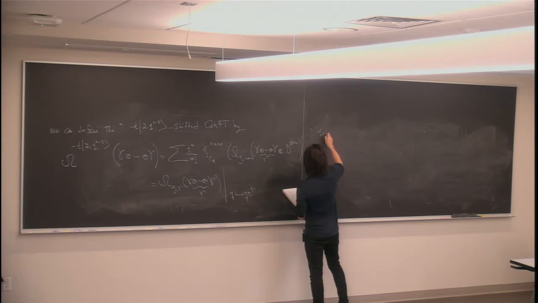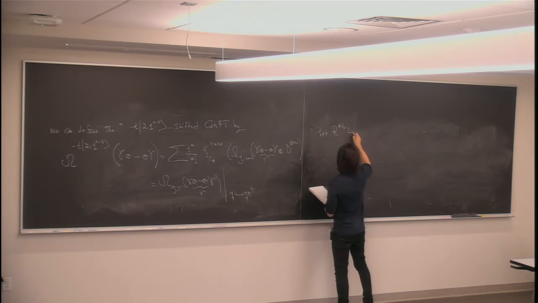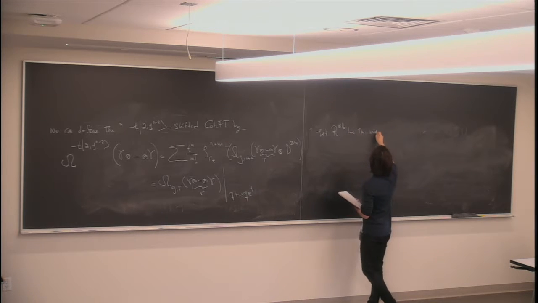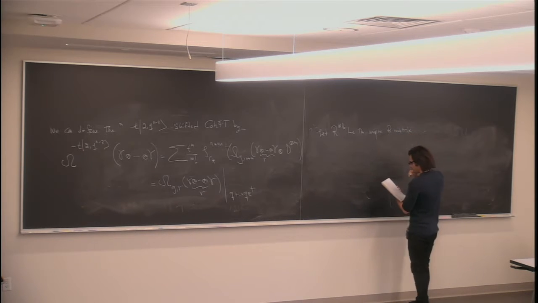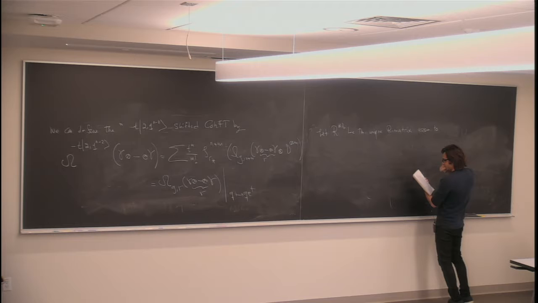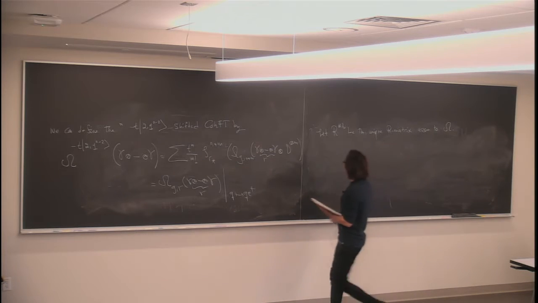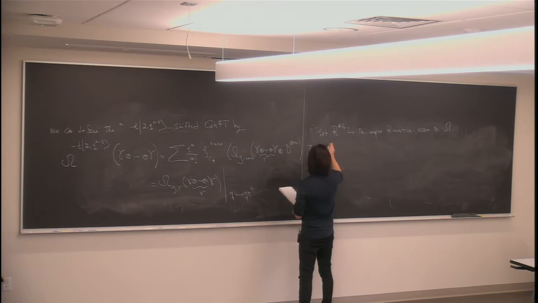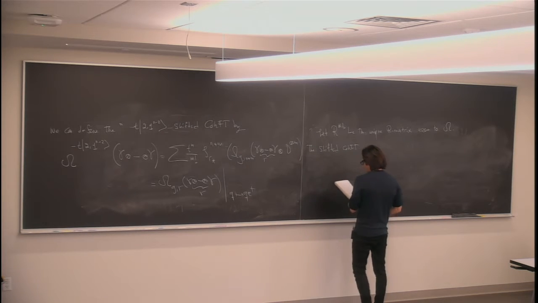Let R hat be the unique R matrix associated to omega, the shifted cohomological field theory is obtained.